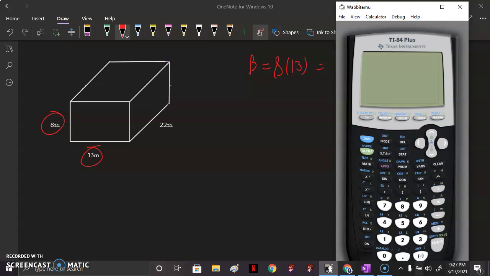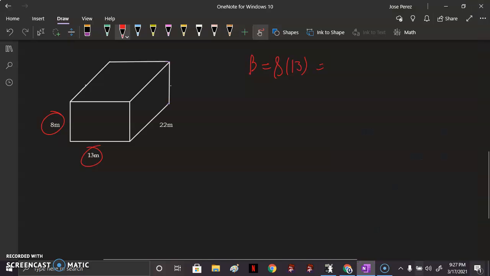And if we plug into the calculator, let me turn it on first. Sorry, guys. 8 times 13, we get 104, so it equals 104. And then we're going to try to figure out the height. We will say that the height is, the only height we have is 22, so height equals 22.